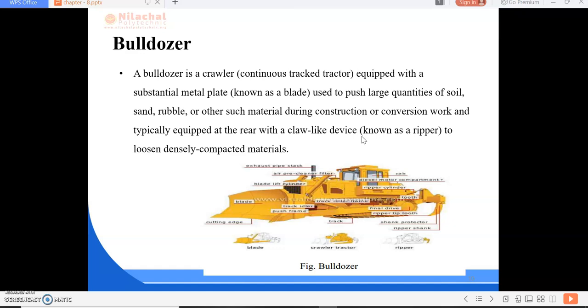To prepare road from mountains and hard grounds, to make a level ground, to clear the site for work, to excavate materials, we use bulldozers.